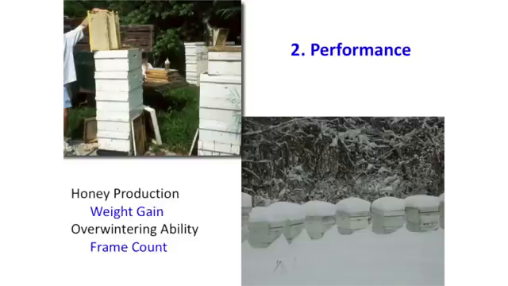The performance is later in the season. If you got a honey crop, we do a weight gain test. And there's studies showing that weight gain over the short term correlates to the whole season. So we weigh the colonies, and this is pretty subjective sometimes. You might have a colony that's collected a little bit more moisture, so you're looking at the gain over that short term.